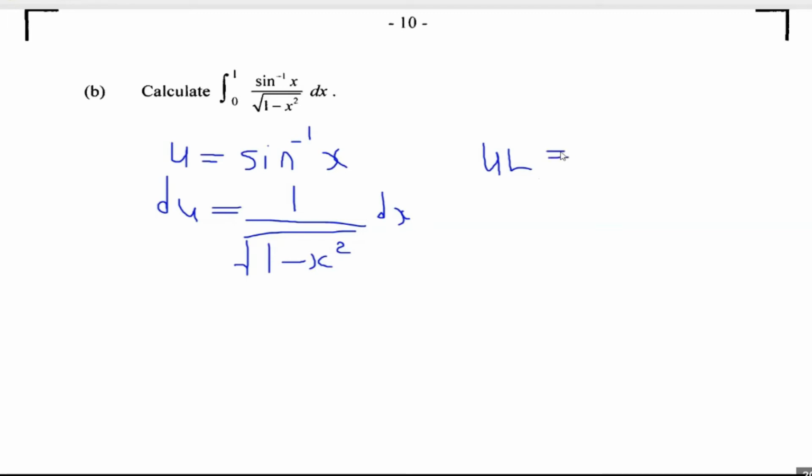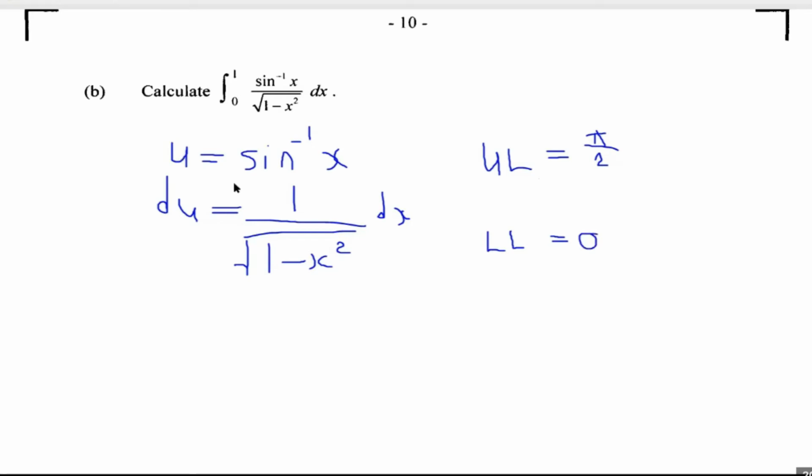Sine inverse of 1 is pi by 2. That's pretty shameful to not remember pi by 2. And the lower limit is when we plug in 0, sine inverse of 0 is 0.